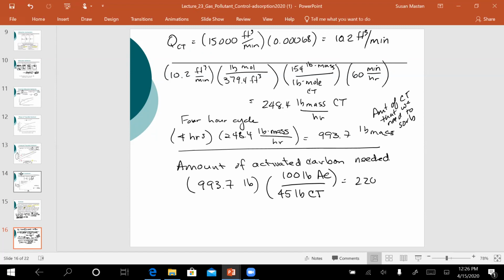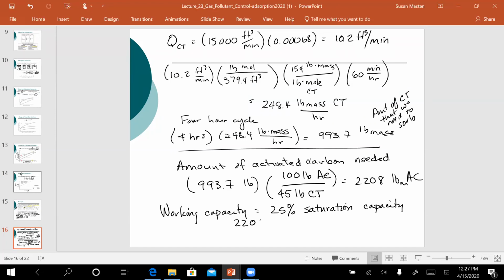So we need roughly 2,200 pounds of activated carbon. But we said that the working capacity is 25% of the saturation capacity. So my working capacity, and this was given, is 25% of the saturation capacity. We're not going to operate to complete saturation.